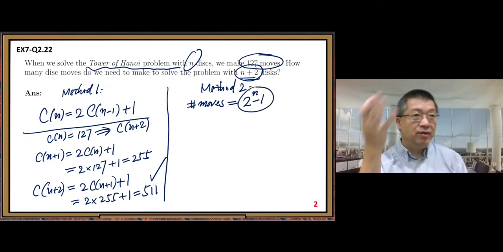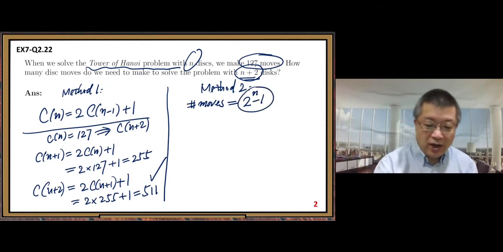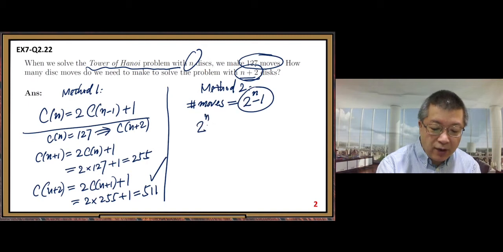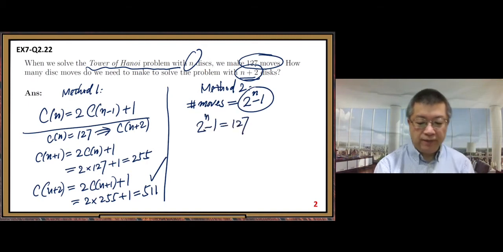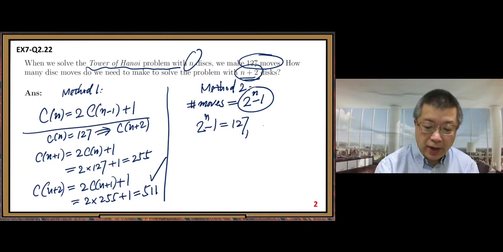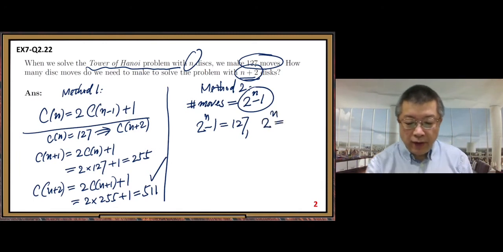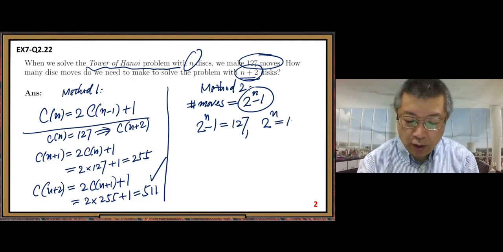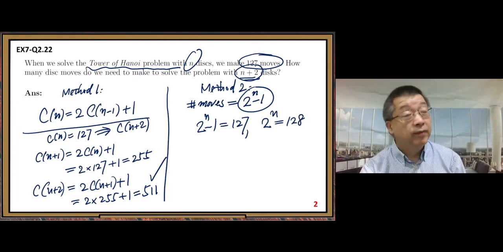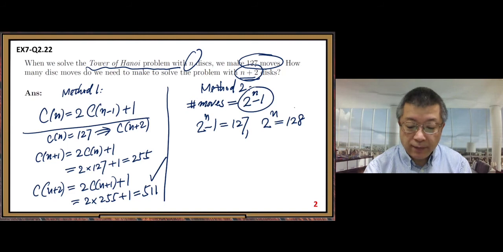So remember our solution. So what is n? 2 to the n minus 1 equals 127. So that's 2 to the power of n equals 128.